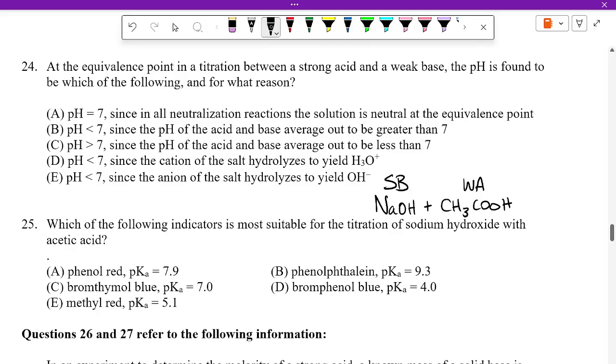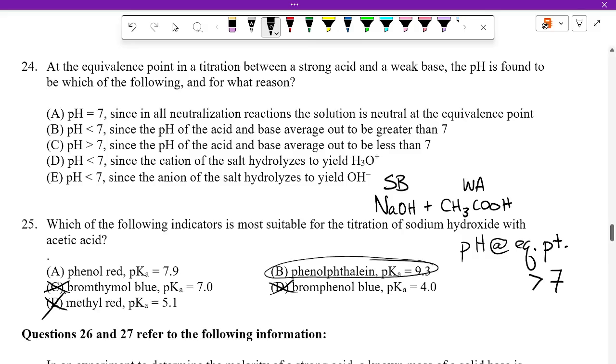So the pH at the equivalence point is going to be greater than 7. So which ones can we eliminate immediately? C, D, and E. And 7.9 doesn't really look much bigger than 7, does it?